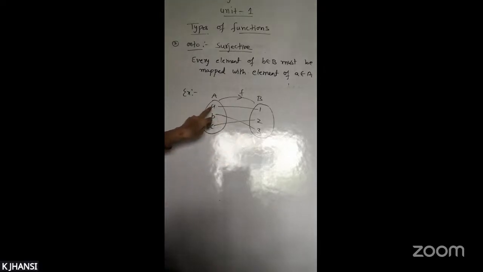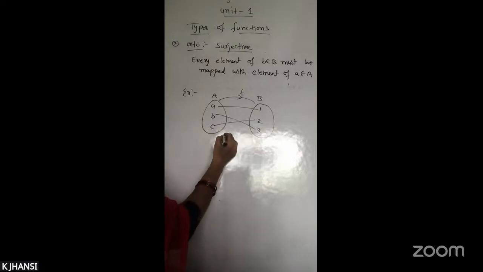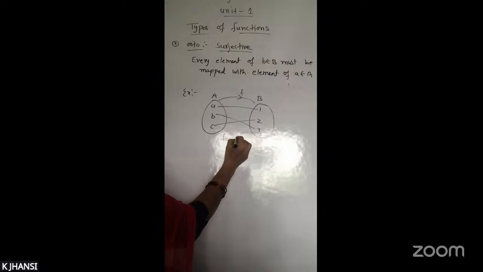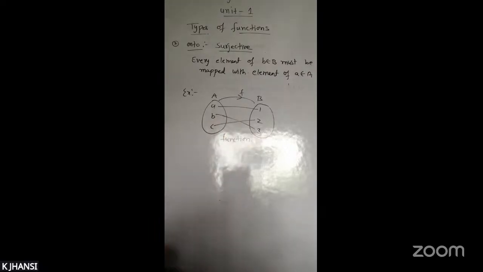Because each and every element of set A has an image here, and each element has only one single image. Also, this is a one-to-one function. Only one image is there: B has 3, C has 2, A has 1. Therefore, it is a one-to-one function also.